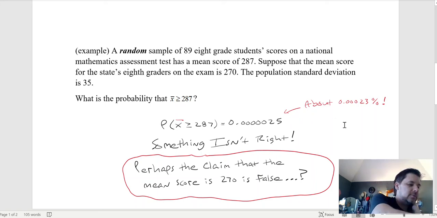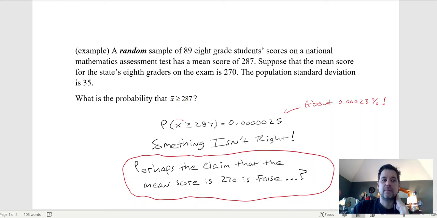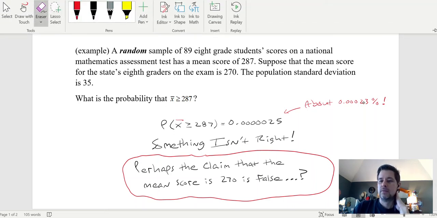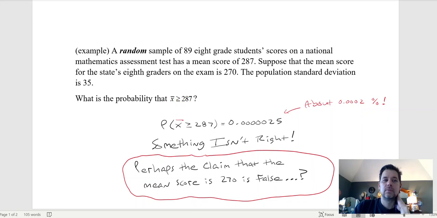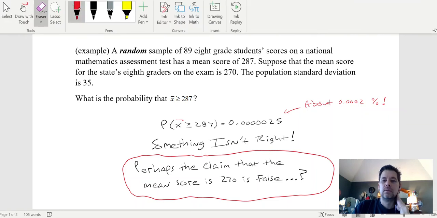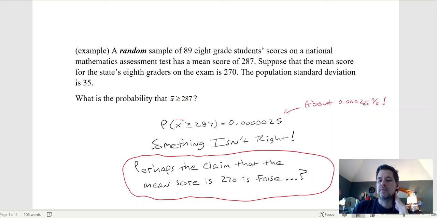Okay, that is a very small number, okay? If you convert that to a percentage, that's 0.00025%, far less than a 1% chance. All right, so I mean far less than 1 out of 1,000, okay?